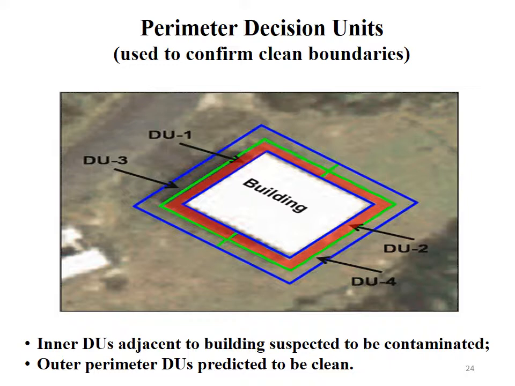And then we'll set up these perimeter DUs around the targeted area to sample and ensure that we've adequately captured the lateral distribution of a significant contamination areas. So we'd be looking for these perimeter DUs to be clean or under our action limits, and suspecting that the DUs along the perimeter of the building might be contaminated with our suspect contaminants.